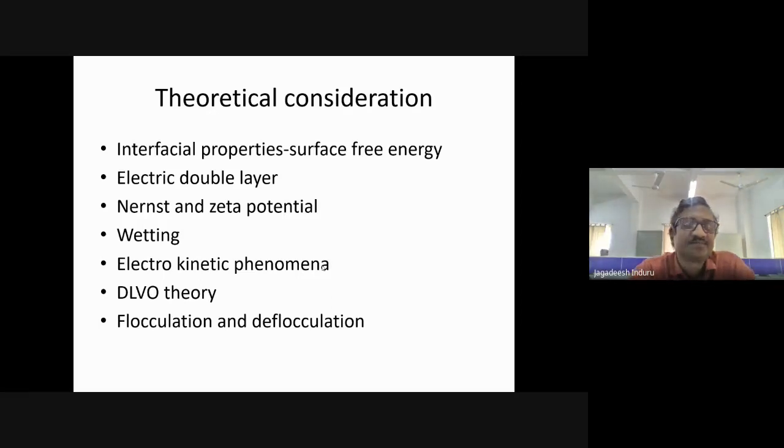If you are able to understand these concepts properly, you are able to handle the pre-formulation of suspensions properly, and you may be getting a complete theoretical consideration for the pre-formulation studies of a disperse system or a suspension dosage form. Then you need to answer all these things. You are going to get around a 14 marks question.